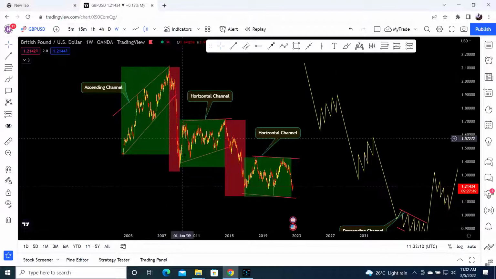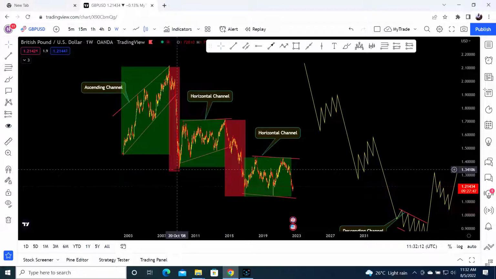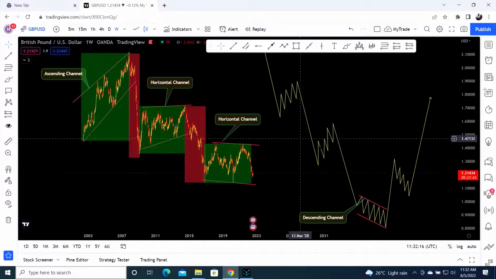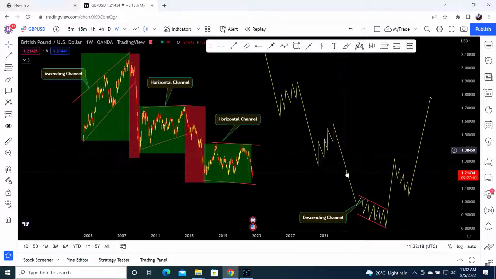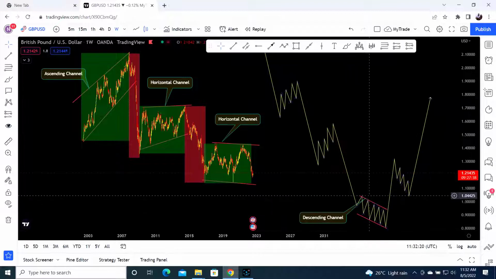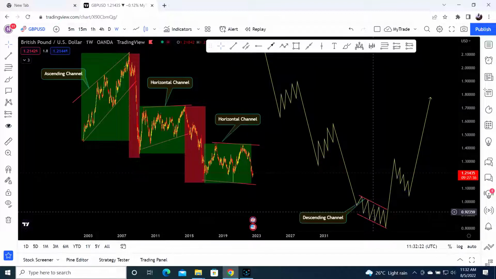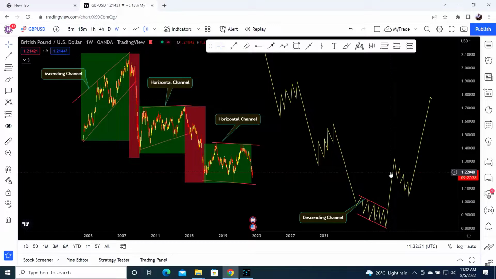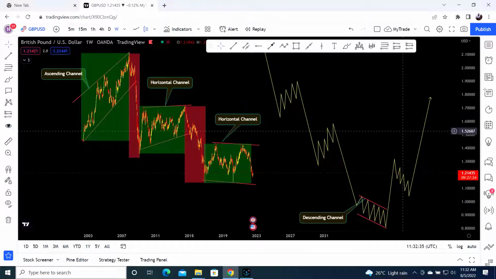That's why we had this impulsive phase. Now, if we have a descending channel, it means the downtrend momentum is gradually decreasing. So there is a higher probability that price will break to the upside. That's what happened over here, and the trend changed to bullish.